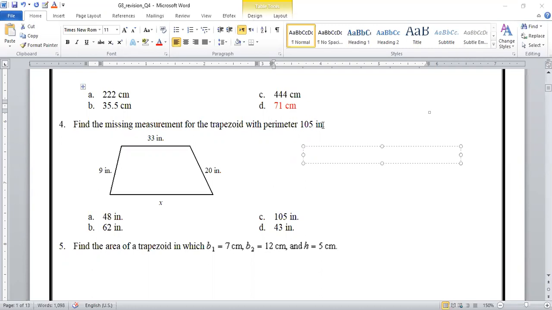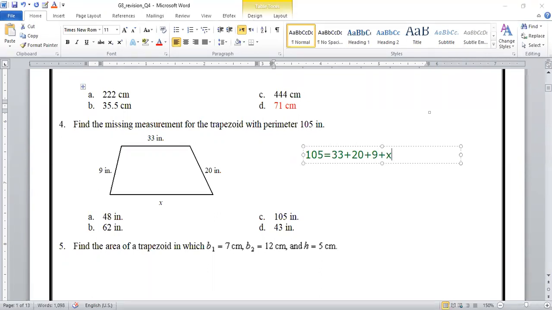But the perimeter is given, so 105 equals 33 plus 20 plus 9 plus x. We need to find the value of x.